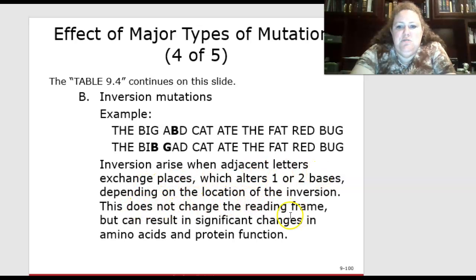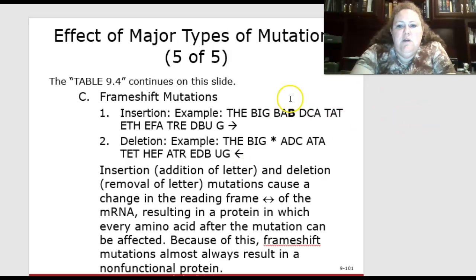This does not change the reading frame, but it can result in significant changes in the amino acid and protein function. Frameshift mutations are going to be just an insertion or a deletion of a single letter. So the insertion or deletion causes a change in the reading frame of the mRNA, and this results in a protein in which every amino acid after the shift can be affected.